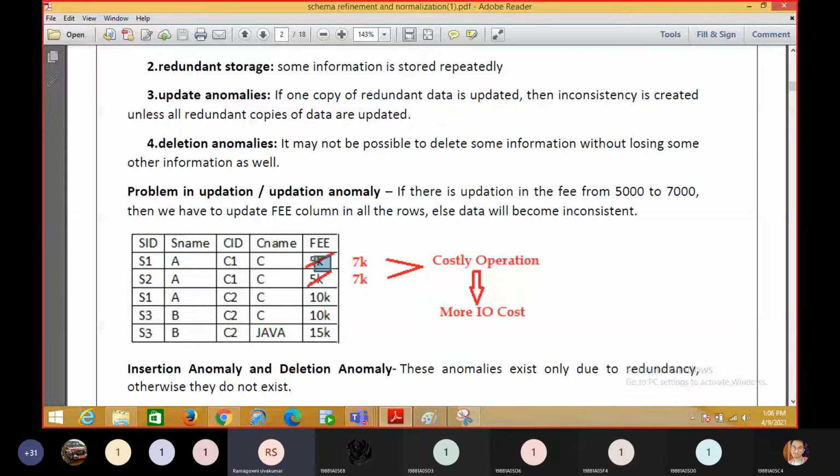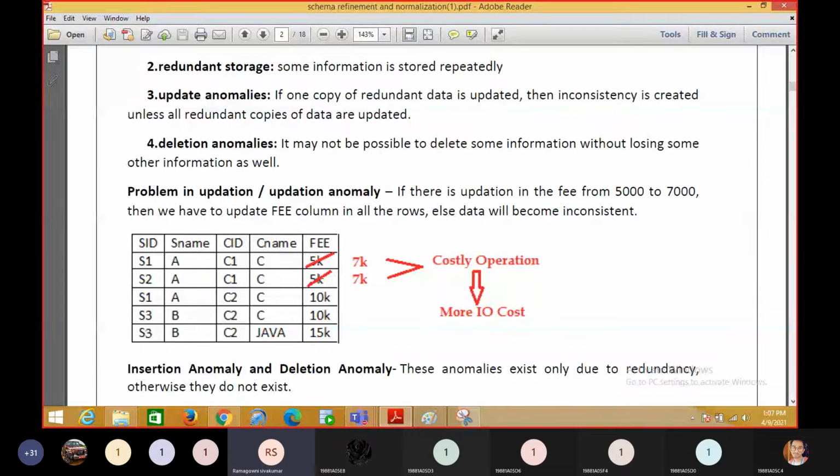If I update 5k to 7k for this S1, we should update all the other 5k values too. Wherever we have 5k, we need to store 7k.